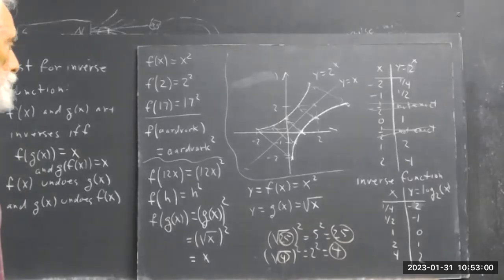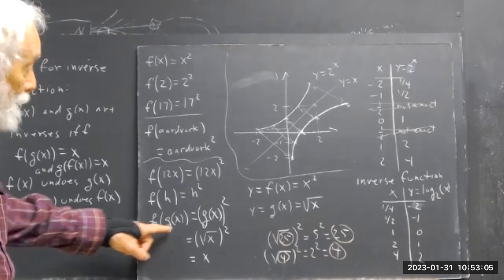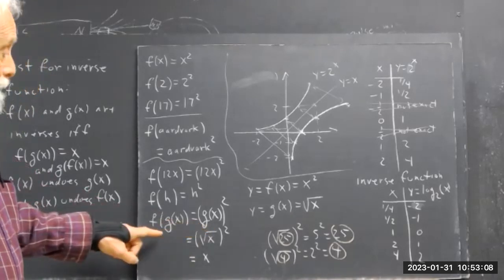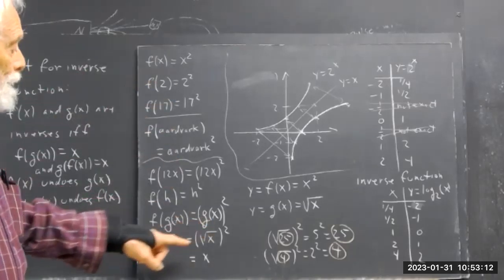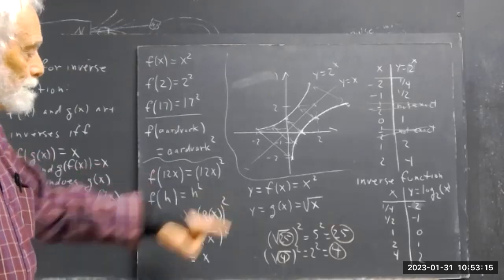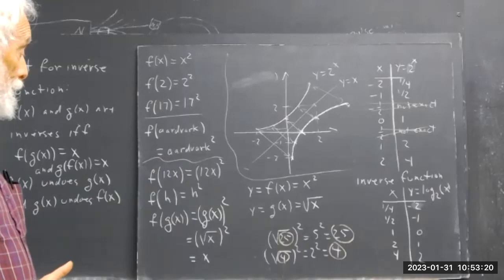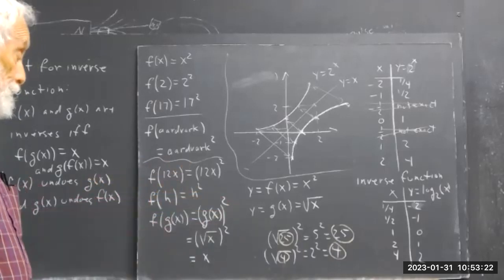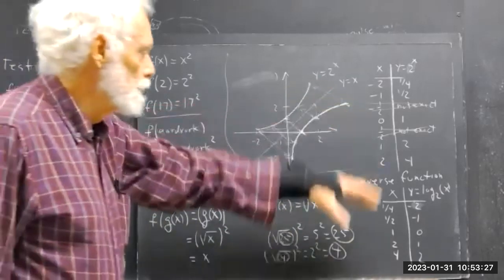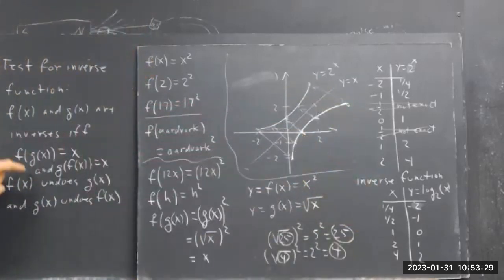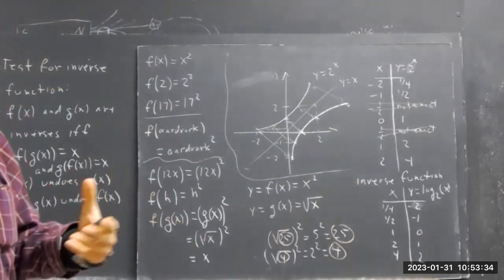So, two things. Number one thing you've got to understand about composite functions is this. F of g of x, if f of x is a squaring function, f does to g of x whatever it does to x. That's how you do composites. And here's what inverse functions look like in terms of composite functions.